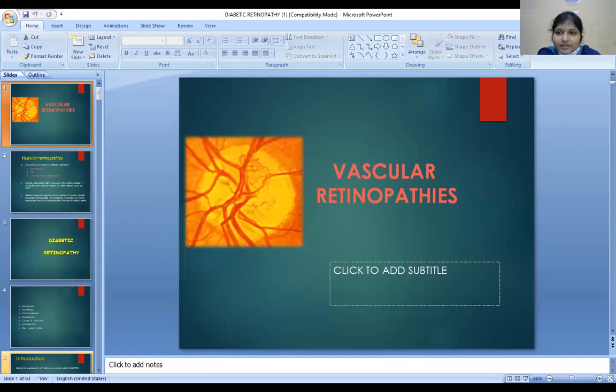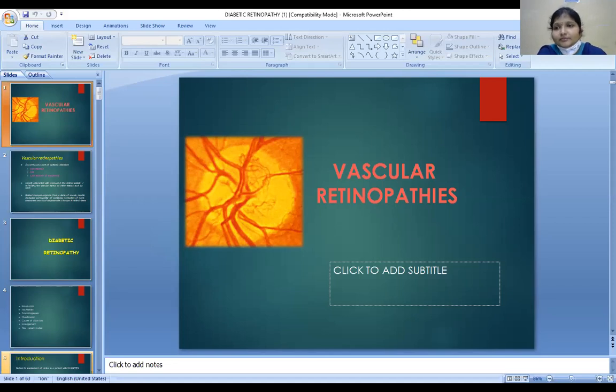What are the other conditions where we see cherry red spot? It is Tay-Sachs disease and gangliosidosis, GM1 gangliosidosis. In all these cases you see cherry red spot.